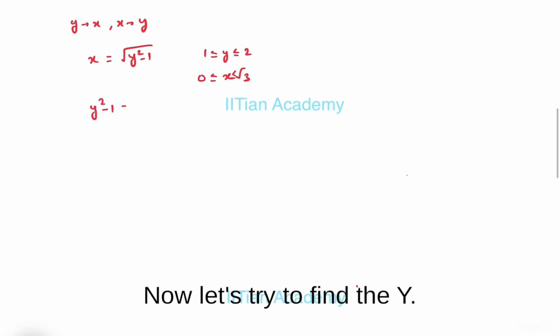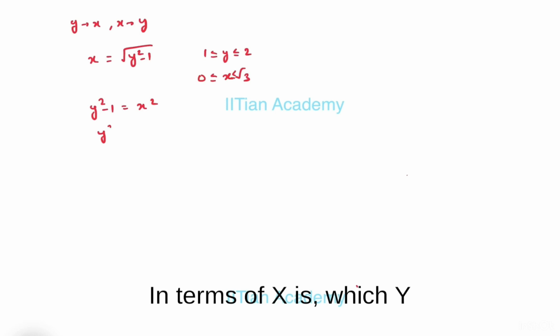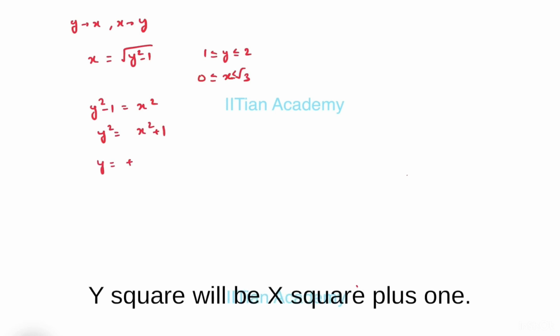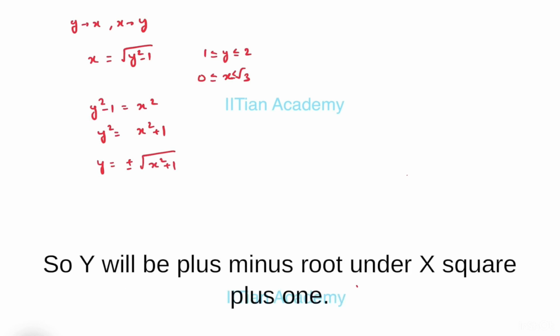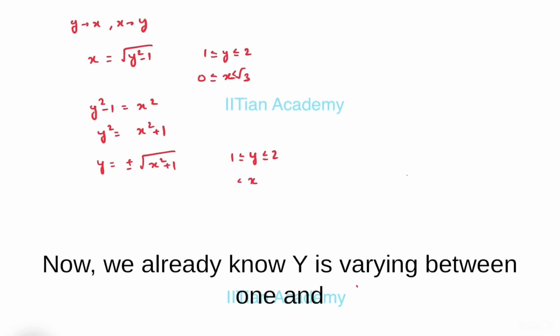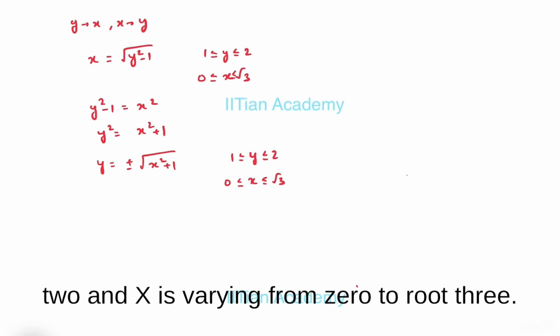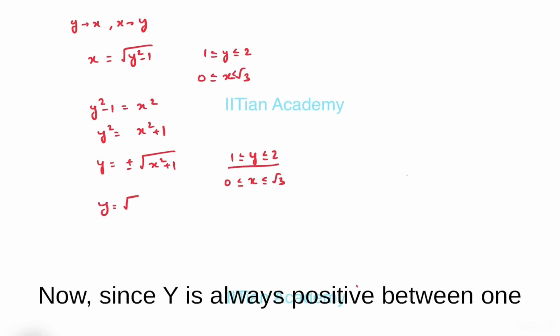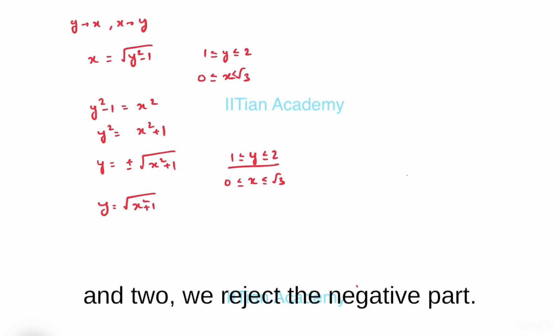Now let's try to find y in terms of x, in which y² − 1 = x². Y² will be x² + 1. So y will be plus minus root under x² + 1. Now we already know y is varying between 1 and 2, and x is varying from 0 to root 3. Since y is always positive between 1 and 2, we reject the negative part.